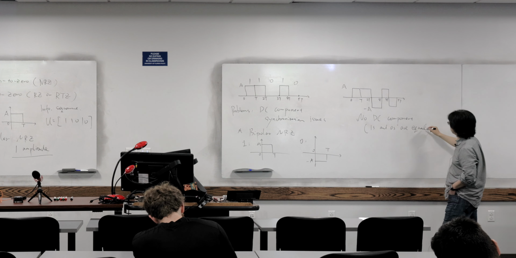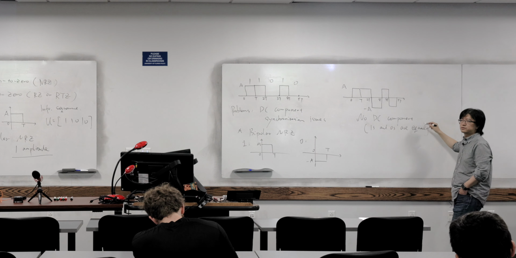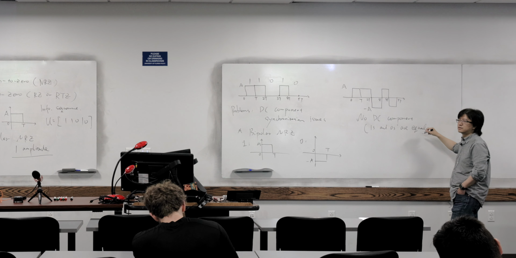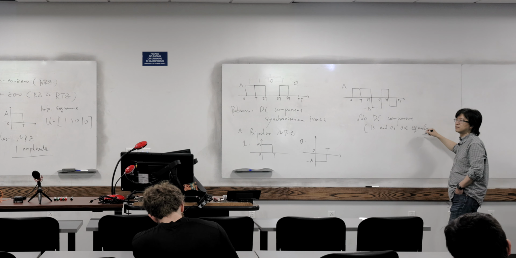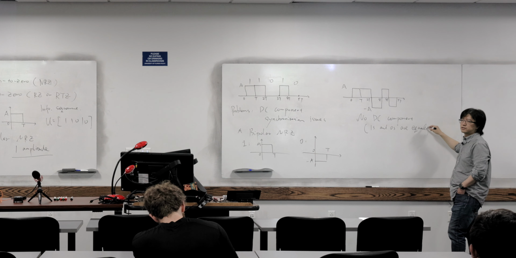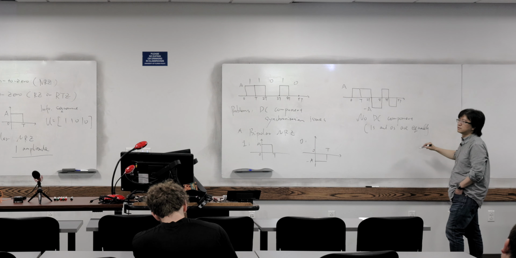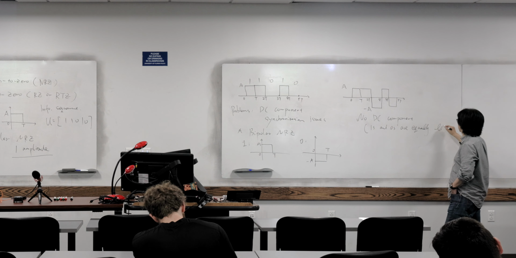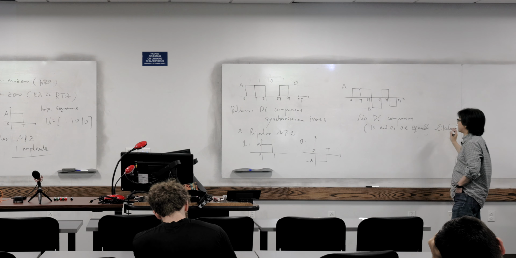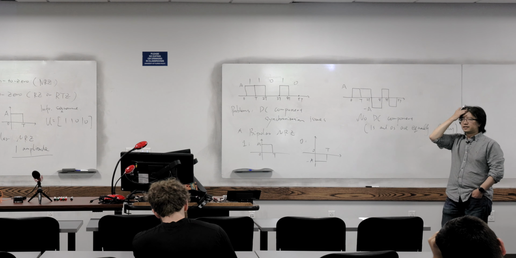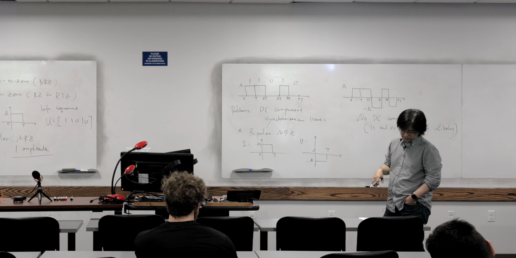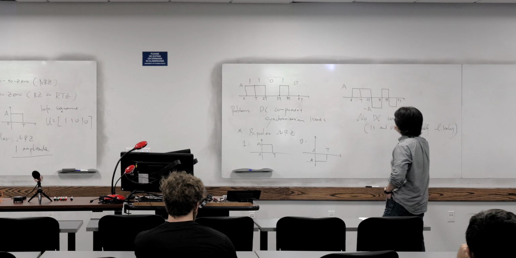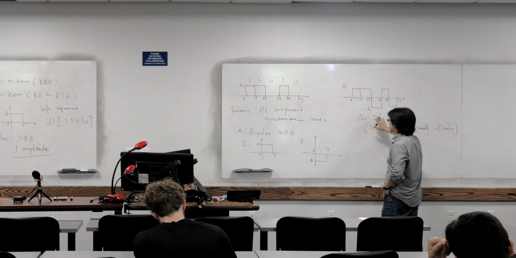For equally likely, how many L should I have, 1 or 2? 2, right. I have 2L. Equally likely. Okay, very good. So the DC component problem can be solved.